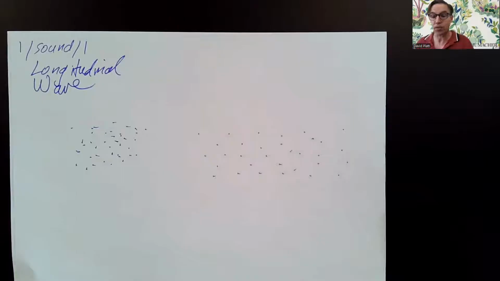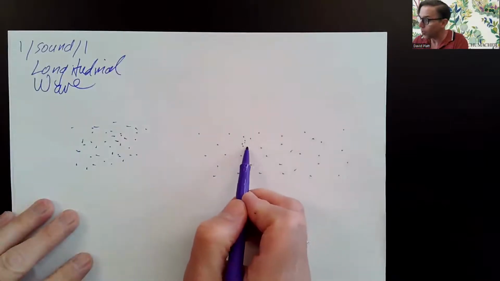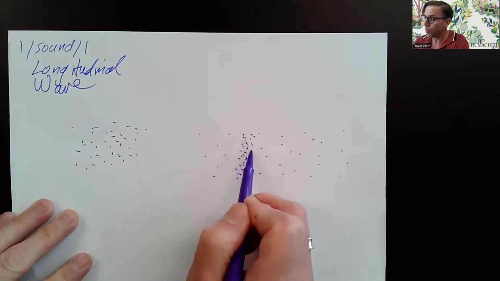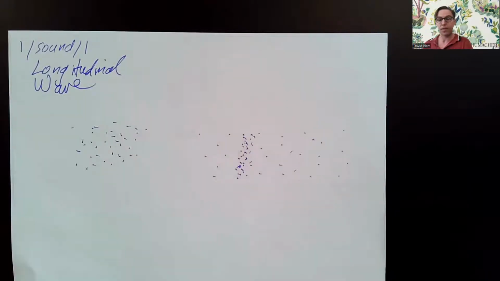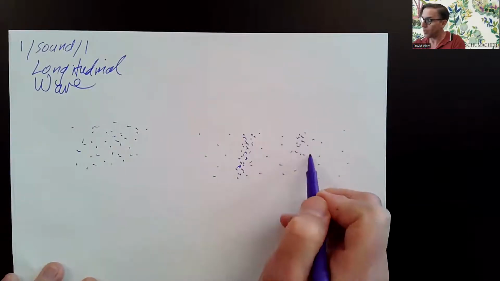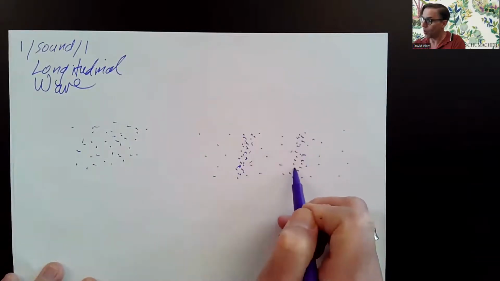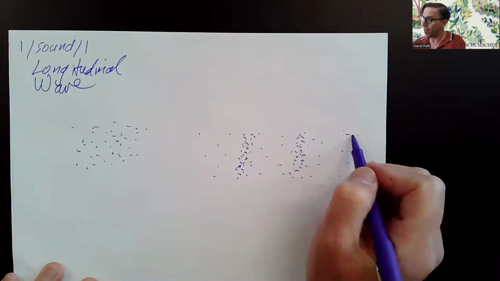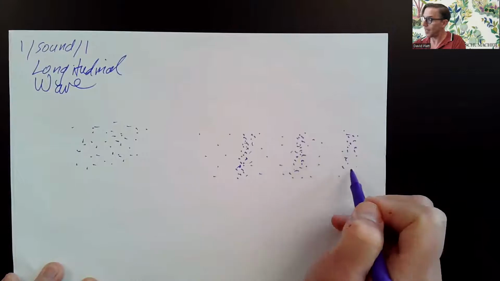As sound travels through air, there are regions where the particles are smushed together and then spread apart. And then a certain distance away, we have more particles smushed together and then spread apart and then smushed together.